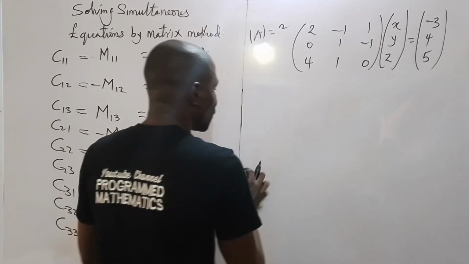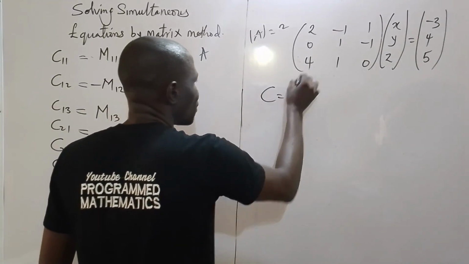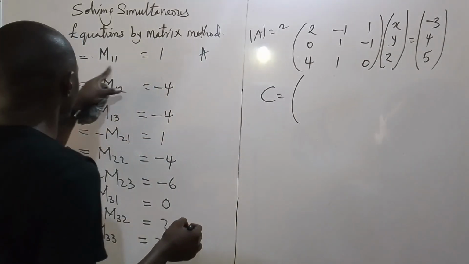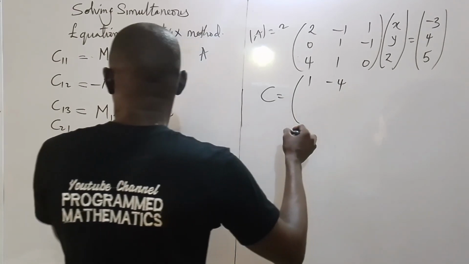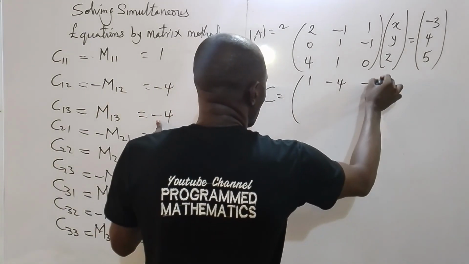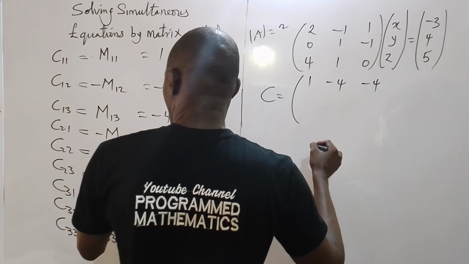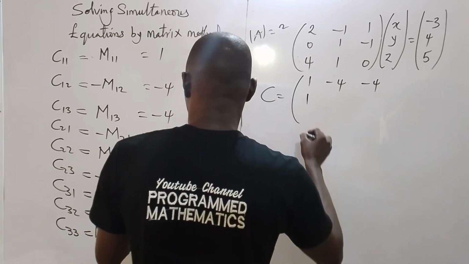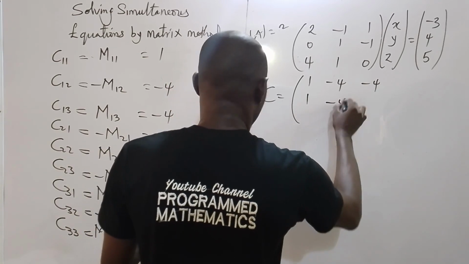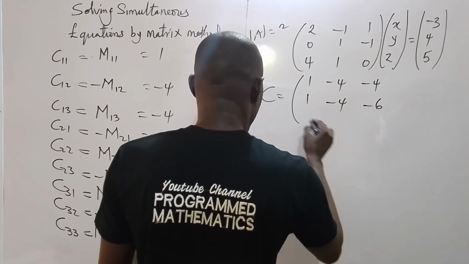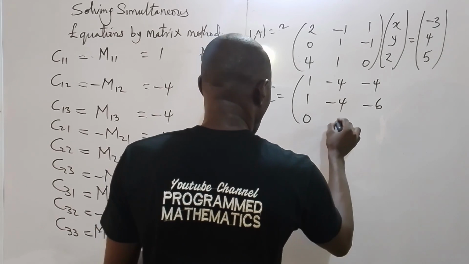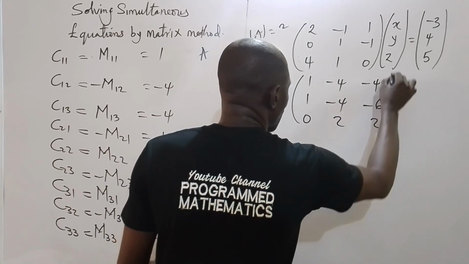So the matrix of the cofactors now, we have C equal to: C11 is 1, C12 is minus 4, C13 is minus 4, and C21 is 1, C22 is minus 4, C23 is minus 6, C31 is 0, C32 is 2, C33 also is 2.